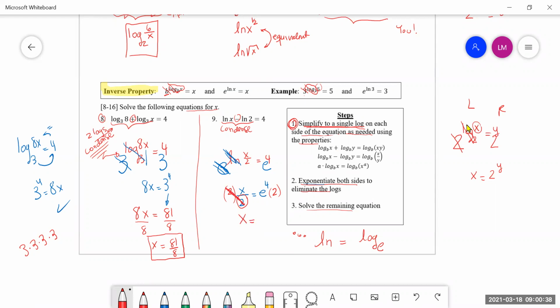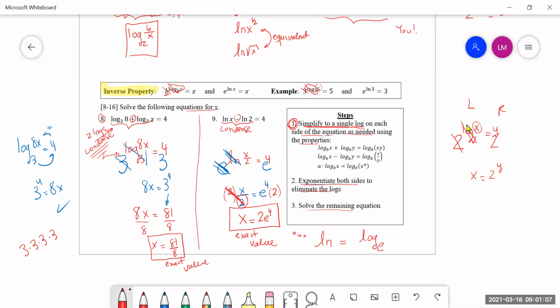And here, instead of writing e to the 4th times 2, we're going to write 2 times e to the 4th. And that is an exact value, not a decimal. Just like this is an exact value, not a decimal. If your teacher or a multiple choice asks for a decimal, then I can put that in my calculator. But we are not using a calculator, so we leave it as an exact answer.